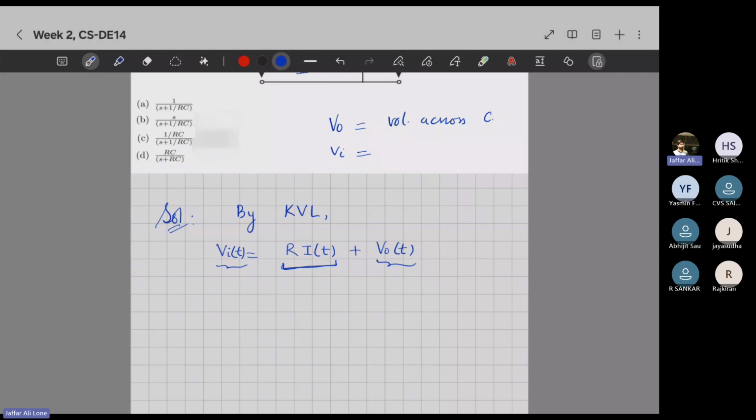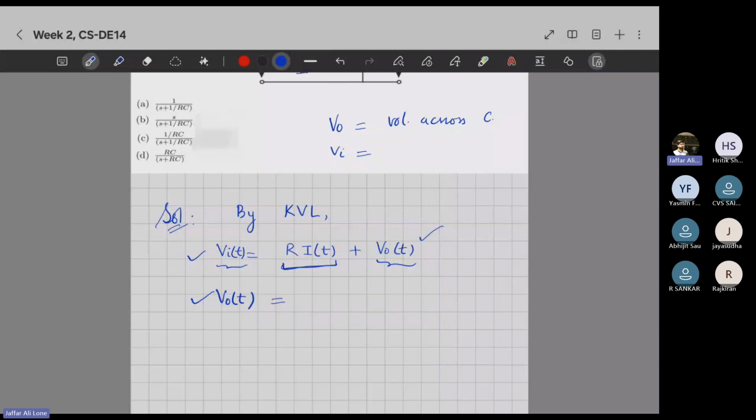Either we find the value of Vo in terms of I, or we find the value of Vi and then the value of Vo, then take Laplace, then divide them. So we find the value of Vi in terms of Vo. Now we'll also find the value of Vo.